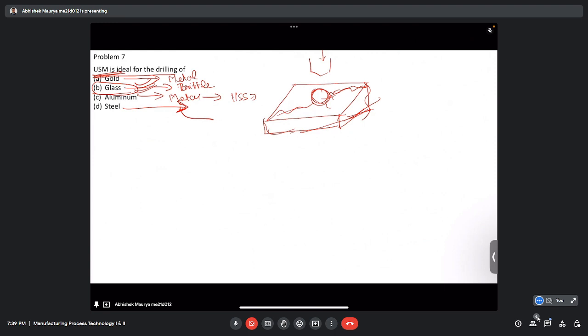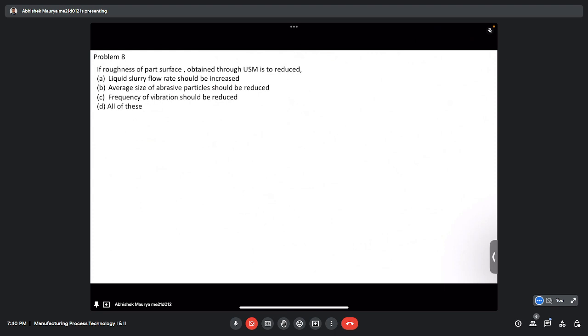Please read the problem and try to get the correct answer, and you can give your response in the chat box.